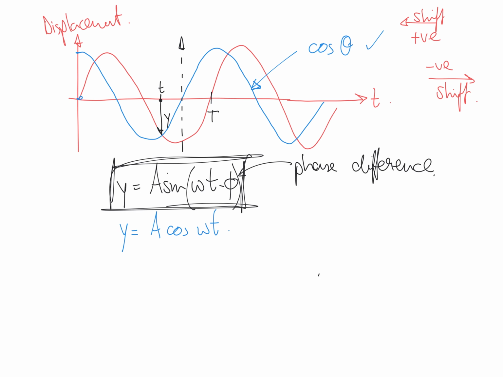Okay, so y equals a cos omega t is going to be the same as, let's write this in here, y equals a sine omega t. Note that this is not changing because the frequencies and the time periods are the same for both of these waves.